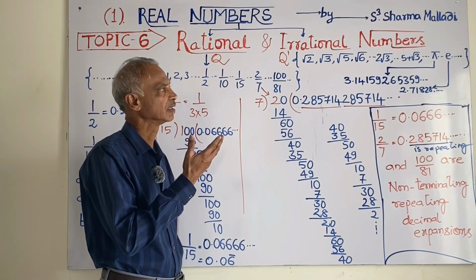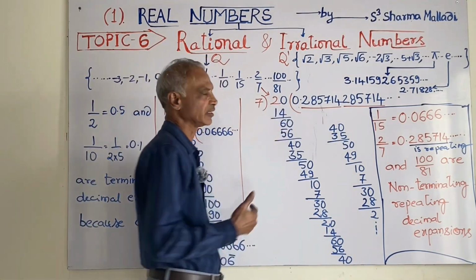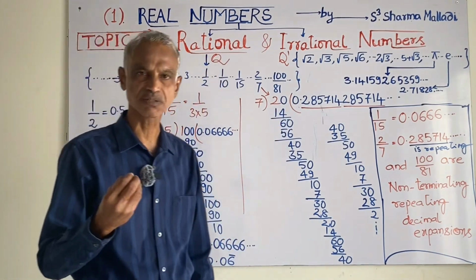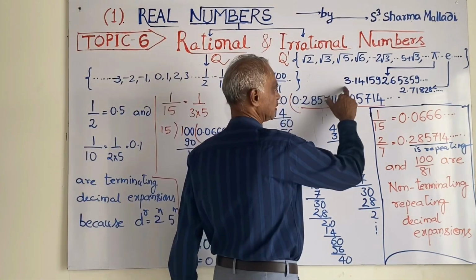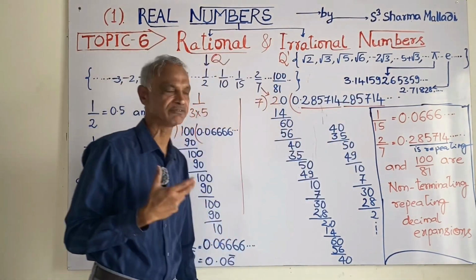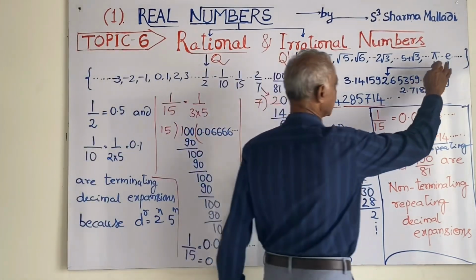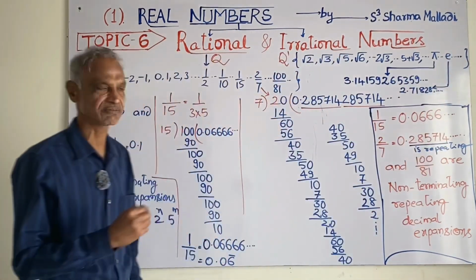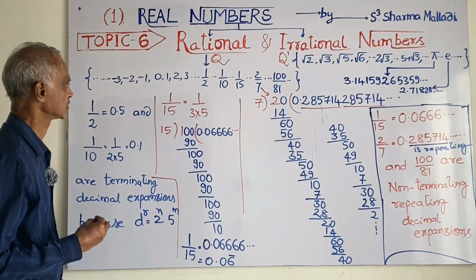All these are irrational numbers. What is the value of pi? Pi is approximately equal to 22 by 7. Its value is 3.141592, it goes like this. And what is the value of e? It is a constant, 2.71828. These are all irrational numbers.